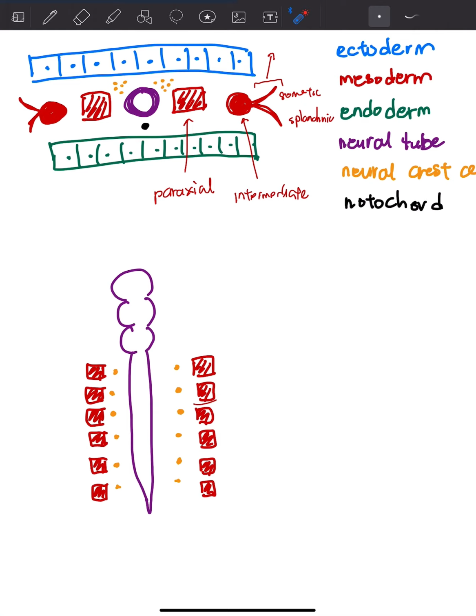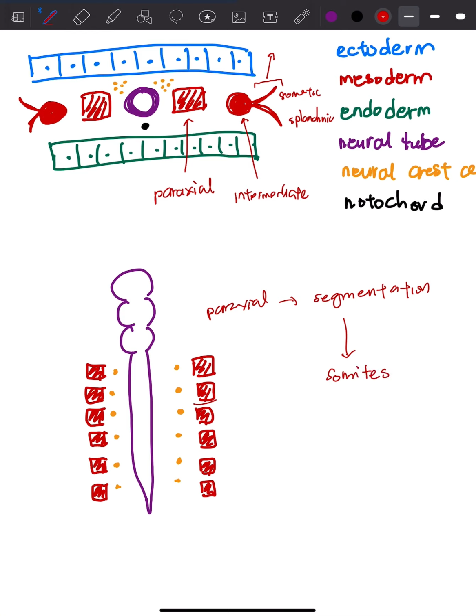This paraxial mesoderm will go through what is known as the segmentation process, and once it goes through segmentation, it will produce what is known as somites.